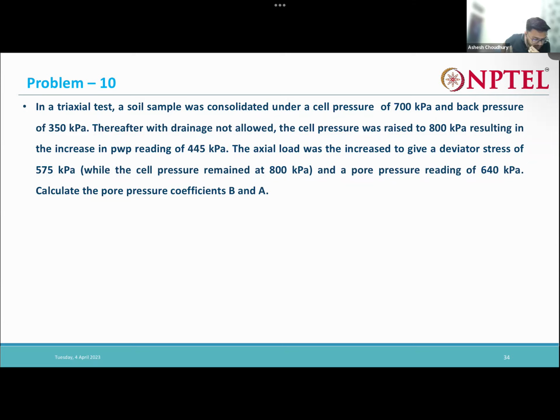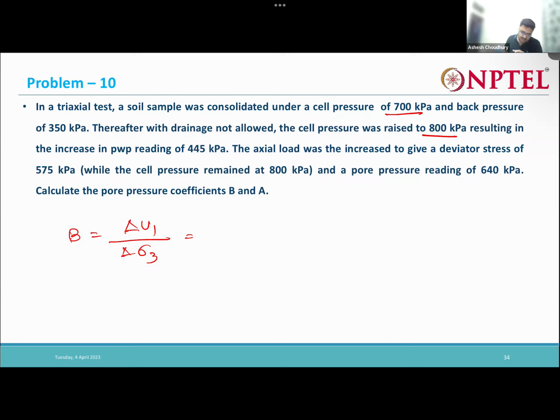Okay, so first we need to calculate the pore pressure. Let us calculate the B parameter first. So what is the B parameter? The cell pressure is increased from 700 to 800.